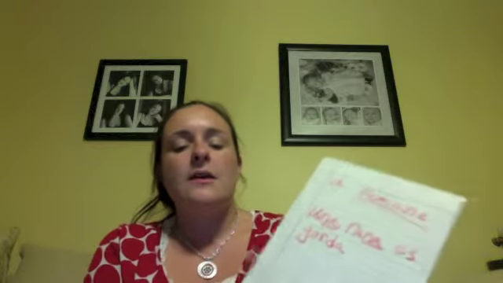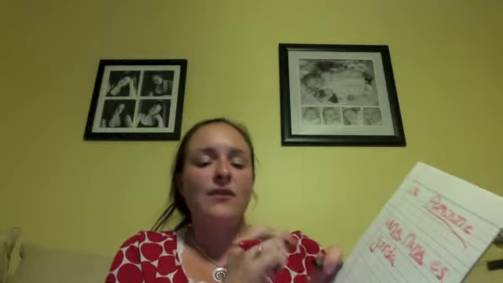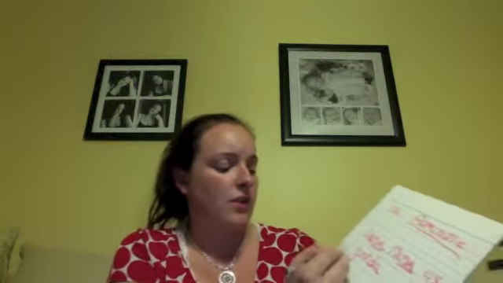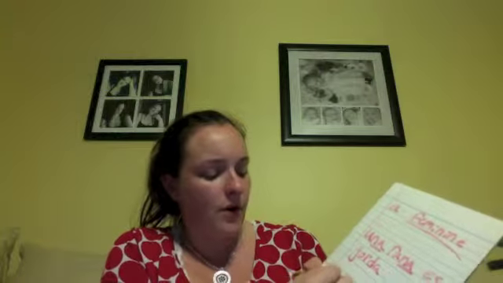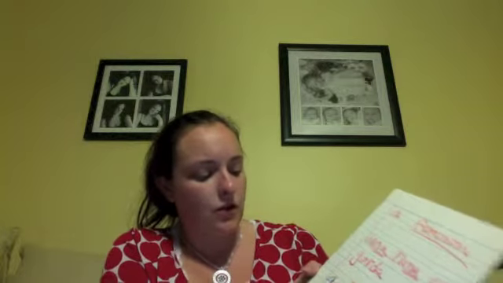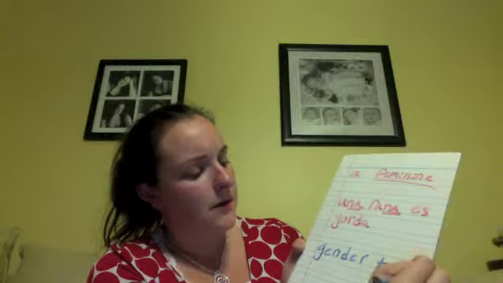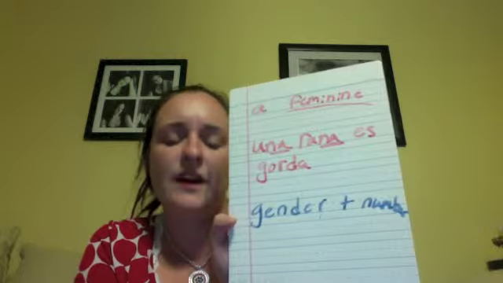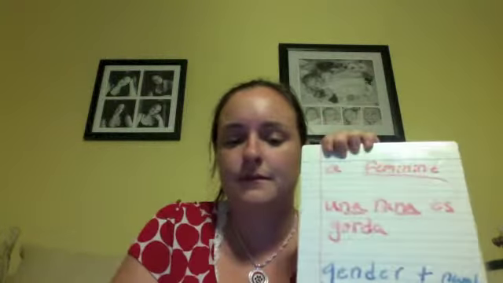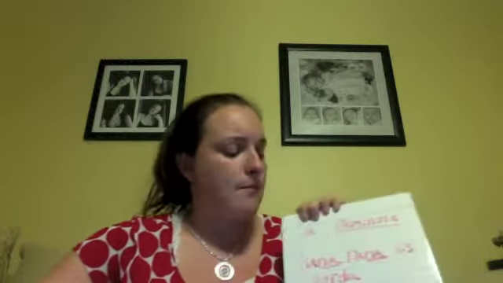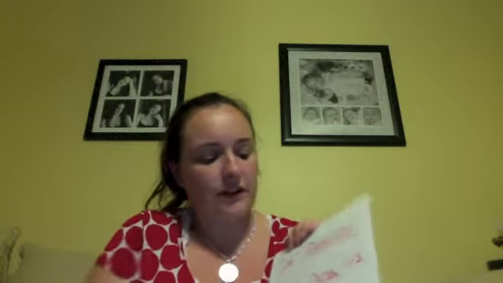All right. So the next section says, nouns in Spanish must agree in both number and gender. So just like above, or on the next page, that's supposed to be an R. Gender and number. So gender and number. Meaning that we have more indefinite articles to look at.